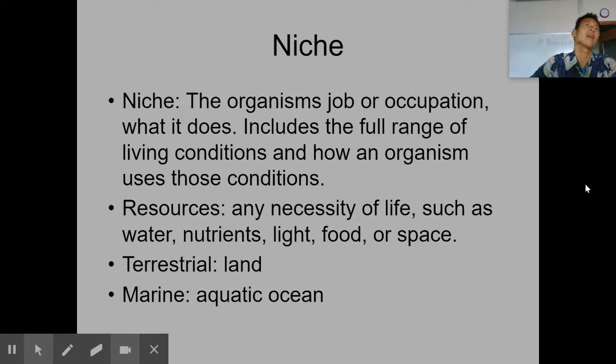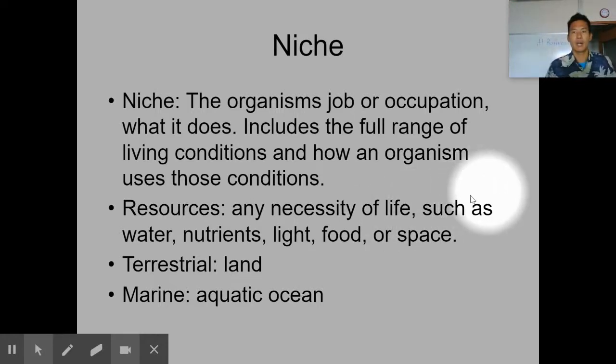Out there, if you're an organism in nature and you don't get a resource, most likely you're not going to survive. Resource, any necessity for life, such as, again, water, nutrients, light, food, and space.